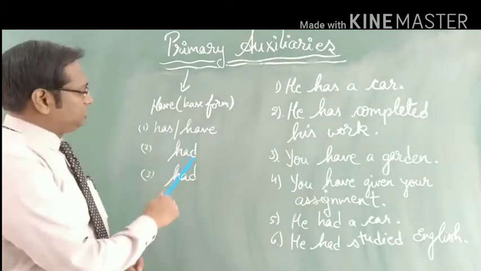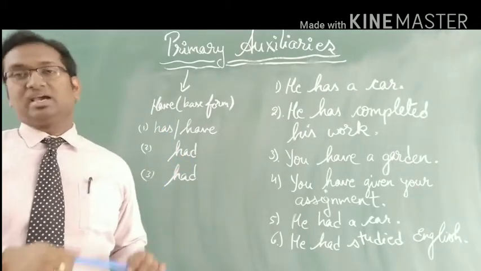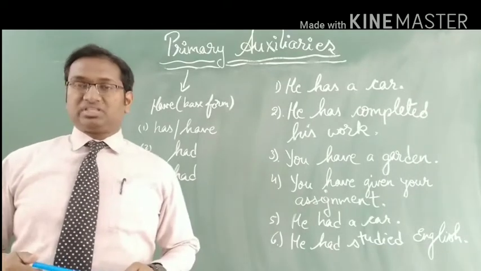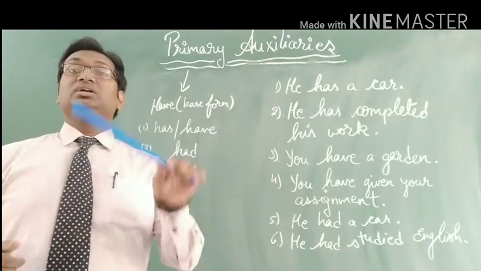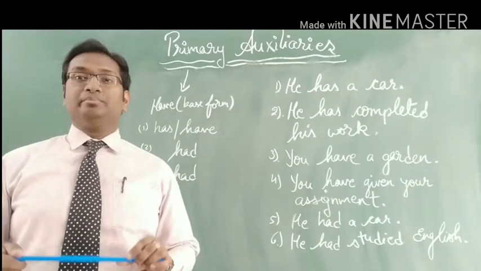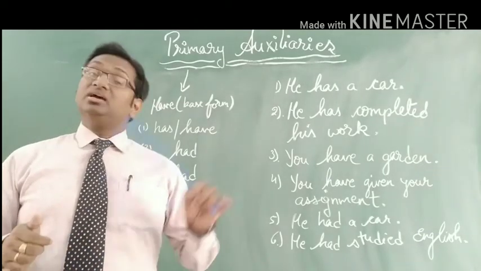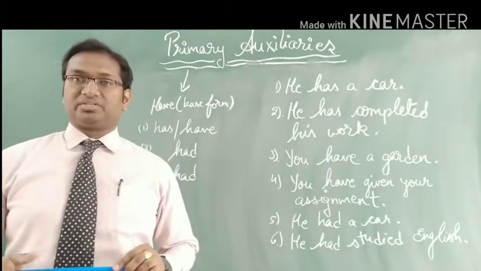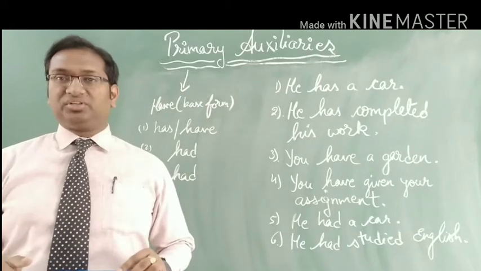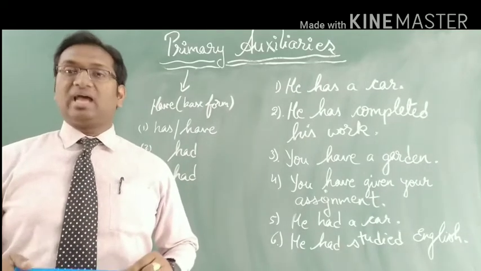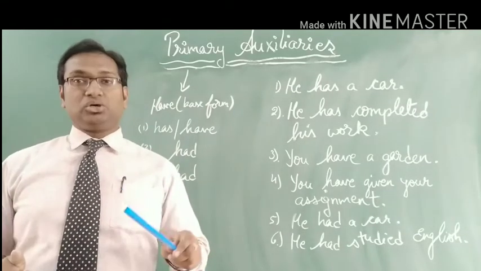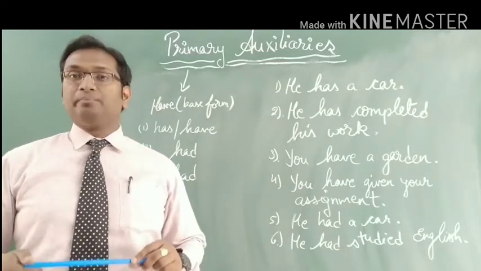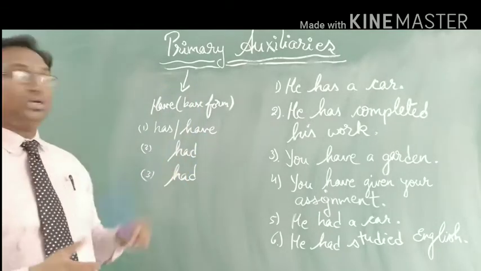And we have first form, second form and third form, that is has, have, had and had. But before that we have studied about the third form of be, that is been, and those two examples were your perfect continuous, because we are using the ing form of the verb before has been or have been. So those sentences which I told you are your perfect continuous, as well as been we can use for passive voice. Now let's move on to have.